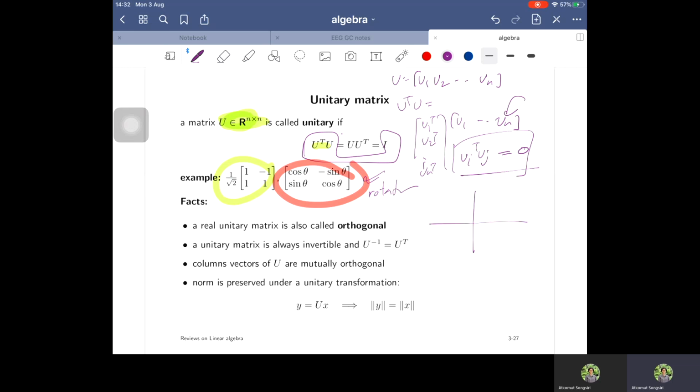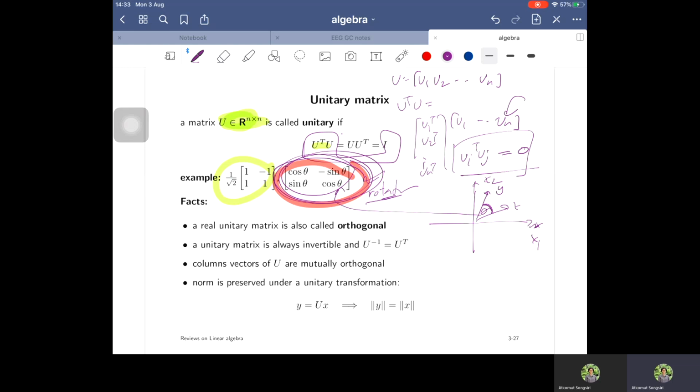What this matrix does is, if you are in R2 and you have a vector x, and you multiply x with this orange matrix, this is what we call rotation. It gives you a vector y, where y and x are separated by the angle theta, the theta in the matrix.